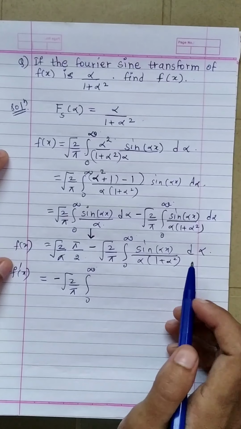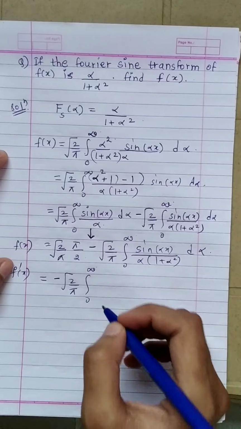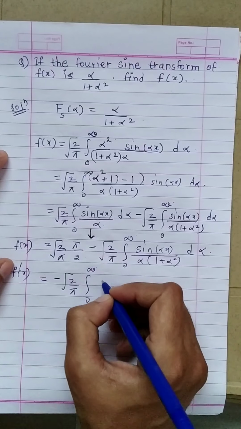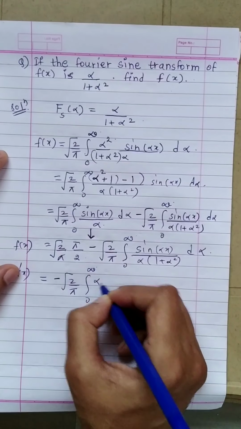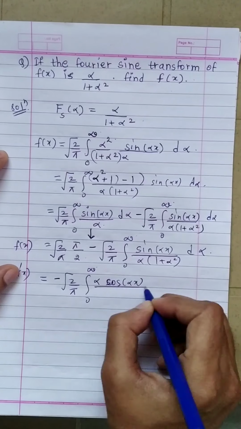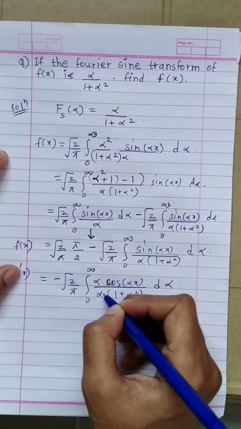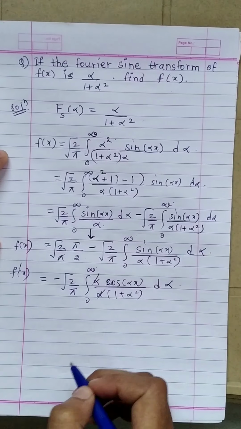So by using the Leibniz rule, it will become the partial derivative of this with respect to x, wherein that alpha will be treated as constant. So it will be alpha cos of alpha x by alpha into 1 plus alpha square d alpha.